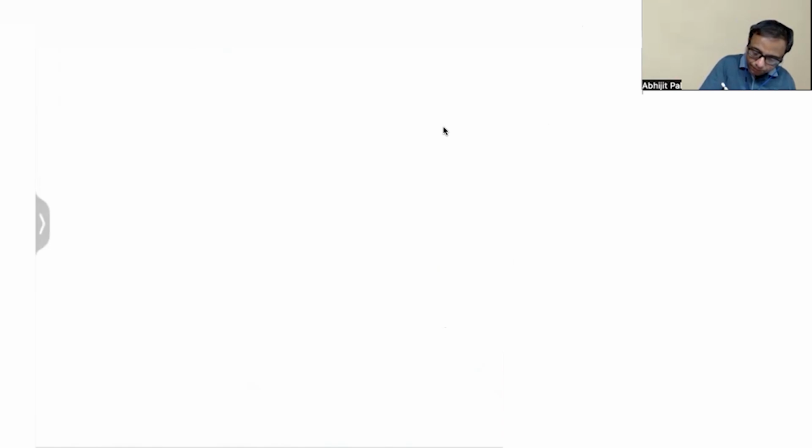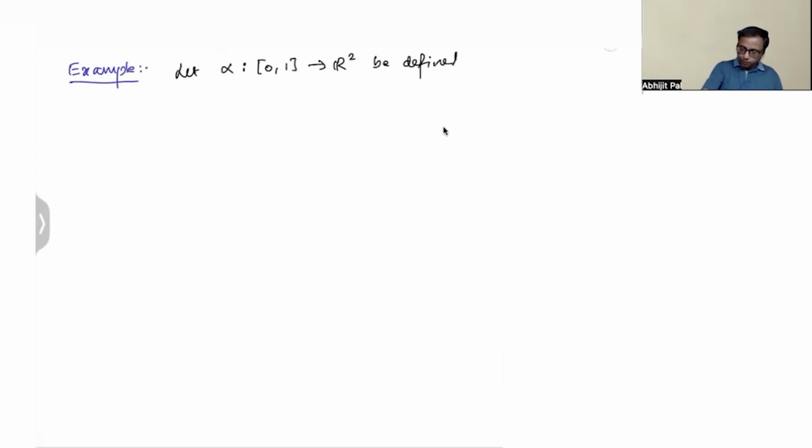Example. Let us take a curve in R2. How is this curve alpha defined? Let us take an increasing sequence.